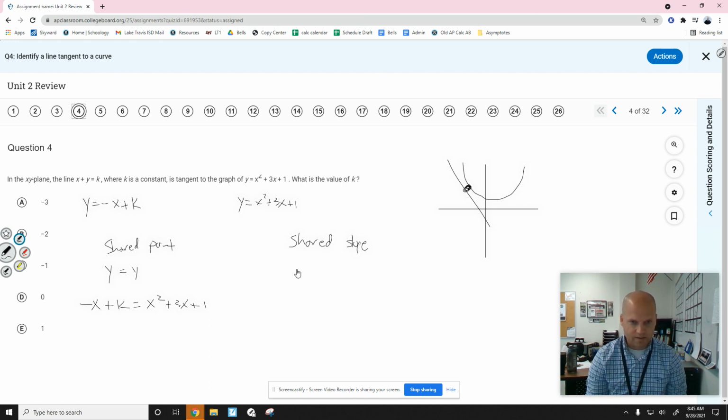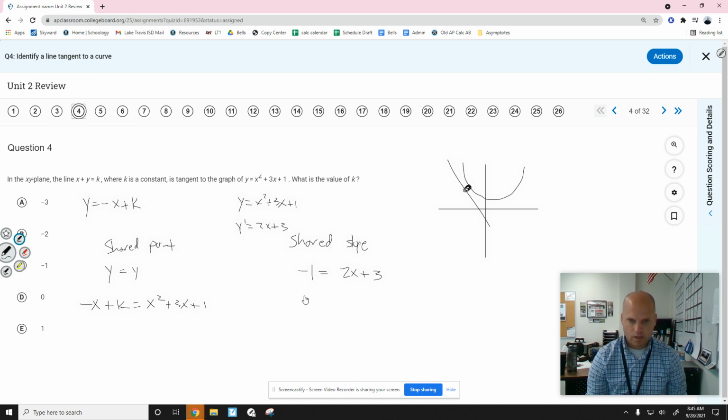The slope of this line is -1. When will this equation have a slope that equals -1? I can take the derivative to find the tangent slope generator. This is one of the situations where I see when my tangent slope generator will generate a certain slope, in this case -1. So I set these two things equal to each other. This enables me to solve for x, and then I'll be able to solve for k.